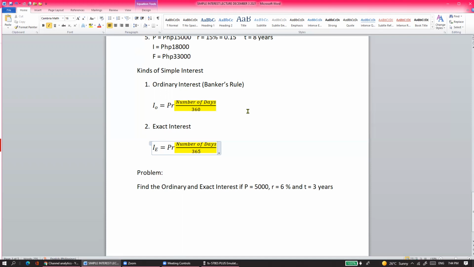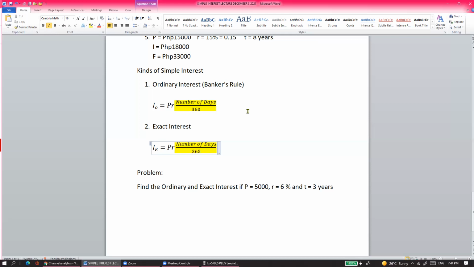So let us discuss this. Kapag ordinary interest, ang ibig sabihin, ang 1 year, meron lamang 360 days. Kapag exact interest, kinukonsidera natin na 365 days ang isang taon. Kahit na ba ang leap year is 366, doon tayo sa mas mababa. Okay? Kasi kung saan mas mababa ang denominator, doon mas mataas ang kita.